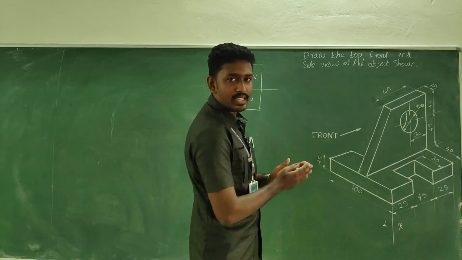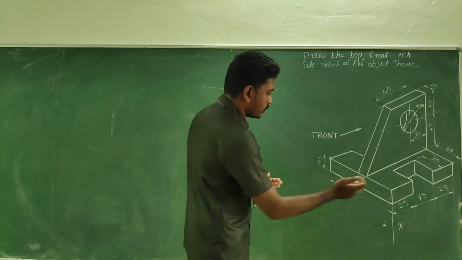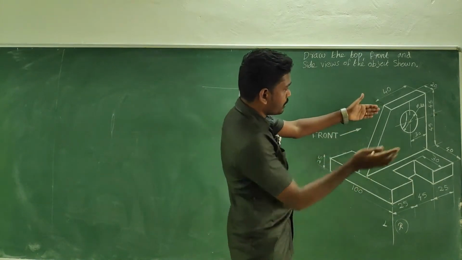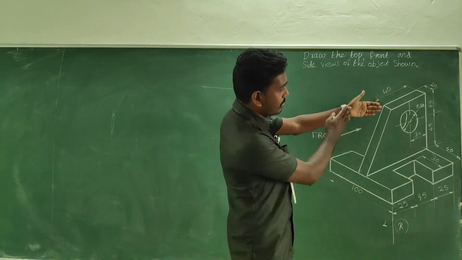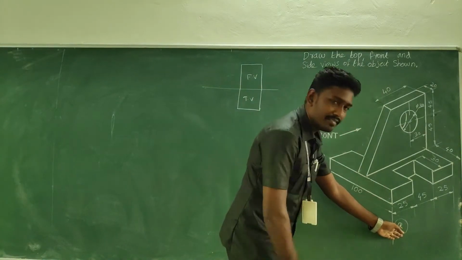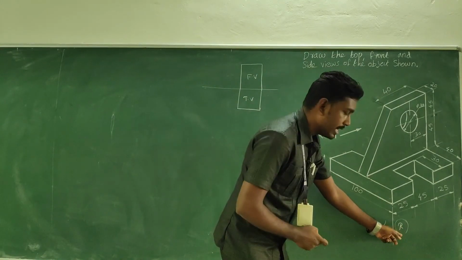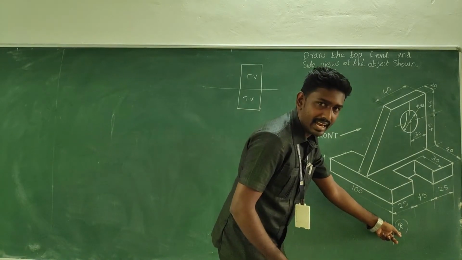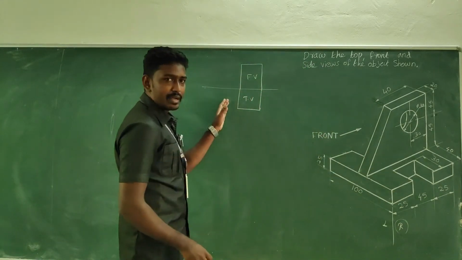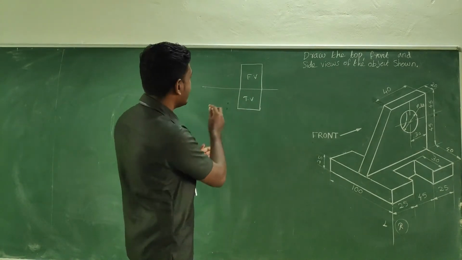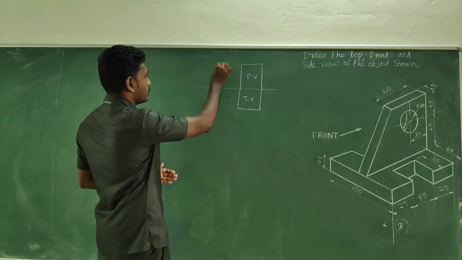Which side is visible to you? The right side is visible to you. The left side is just behind, from the eyesight. So we have to draw the visible view. So in the side view, we are going to choose the right hand side. As far as the first angle projection, the right side view should be captured on the left, something like this.